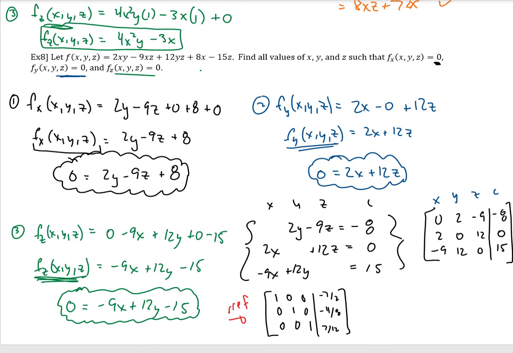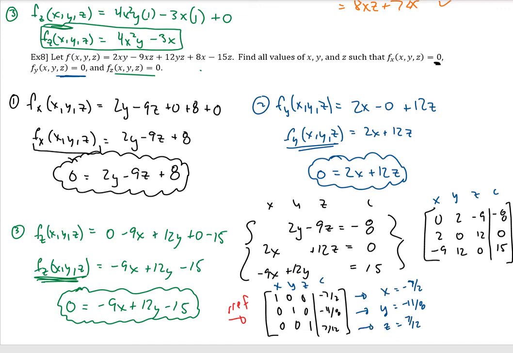Okay, and what this means for our answer, so there's x, y, z, and these are the constants. Well, what it means is you have one x that equals negative 7 halves. So x is negative 7 halves. On this, we have y equals negative 11 eighths. And then z is equal to 7 twelfths.